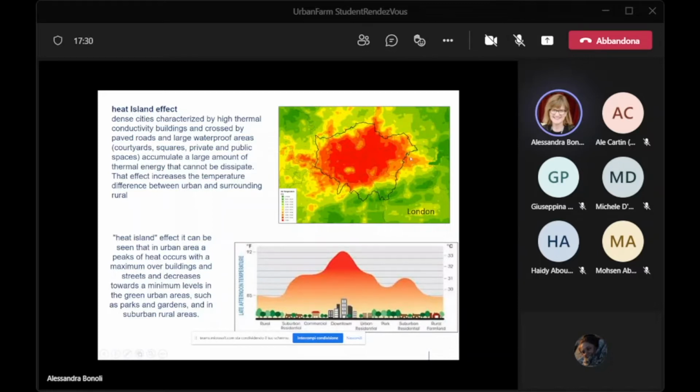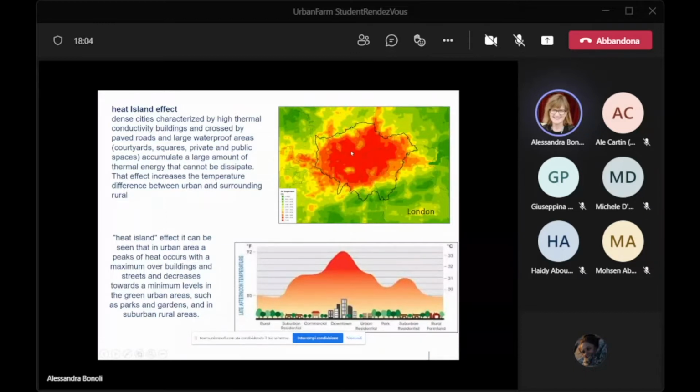Here you have a thermo camera image that represents the situation, just to talk about one big city, London, and the differences between the surrounding areas, the green and dark green representing the low temperature areas, while the orange, red and dark red represent the high temperature areas.